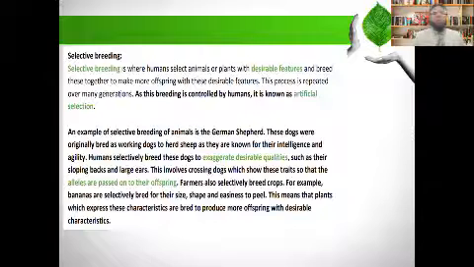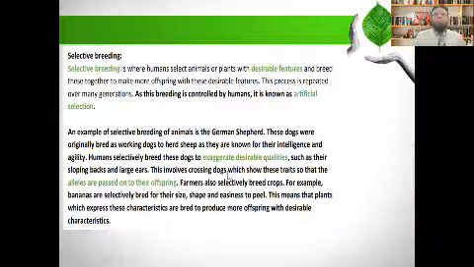An example of selective breeding of animals is the German Shepherd. These dogs were originally bred as working dogs to herd sheep, as they are known for their intelligence and agility. Humans selectively breed these dogs to exaggerate desirable qualities, such as their sloping back and large ears.